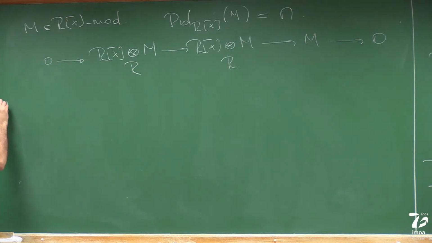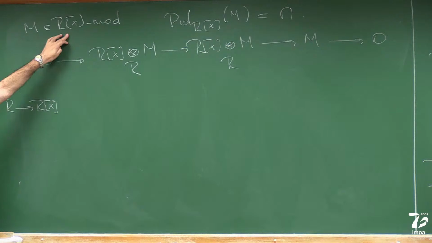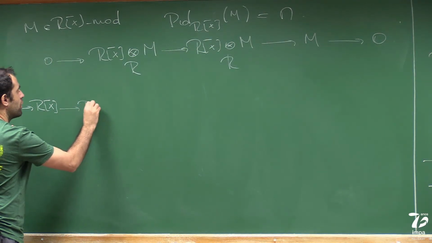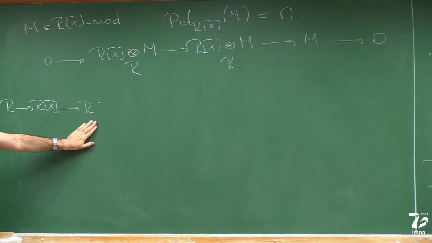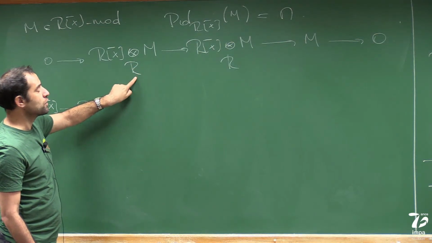And here I am viewing R inside of R[X], and I'm doing restriction of scalars. So the restriction of scalars is just M where I forget how X acts by multiplication. So that's an R module. This is different than modding out by X, which is what we have been doing in all of these applications. So I started with a module here, and I'm not looking at M modulo X acting on M. I'm looking at M where I forgot how X acts. So that's this M, which is an R module.